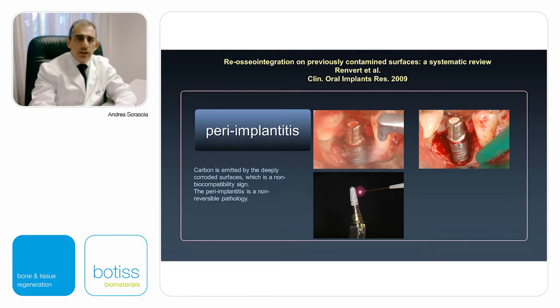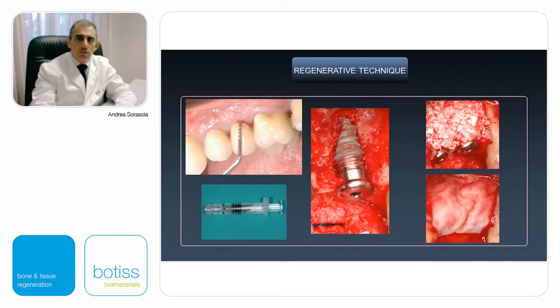In this clinical case, the patient comes in for a follow-up 4 years after the surgery, after missing all the recall sessions. So I decided with the patient to remove all crowns on the implants and execute a regenerative technique with Bio-Oss and Bio-Gide.